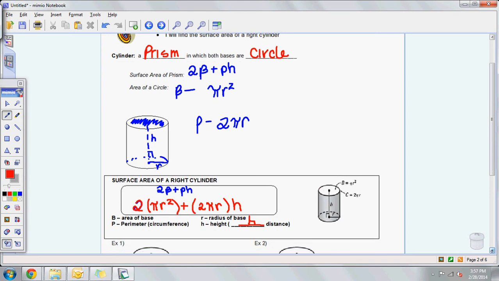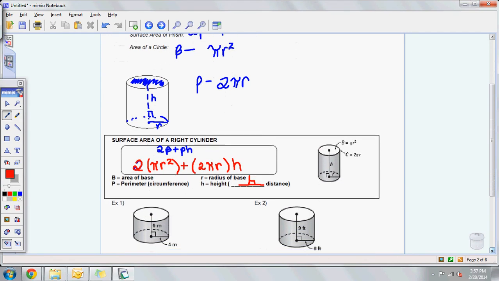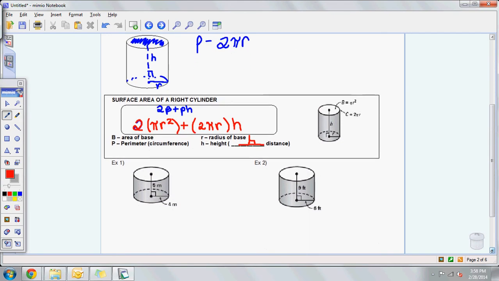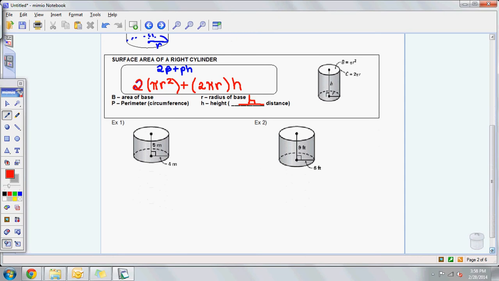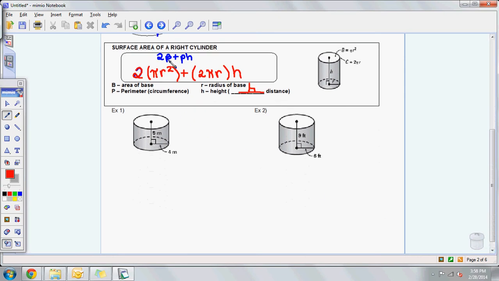All right, let's do some practice. We've got 2 right cylinders down here that we need to find the surface area for. So we're going to use this formula, and I'm going to really focus on this because this is the broken down every single step type of formula that we're going to use. So let's start our formula off. So 2. And then I'm going to find the area of each circle.